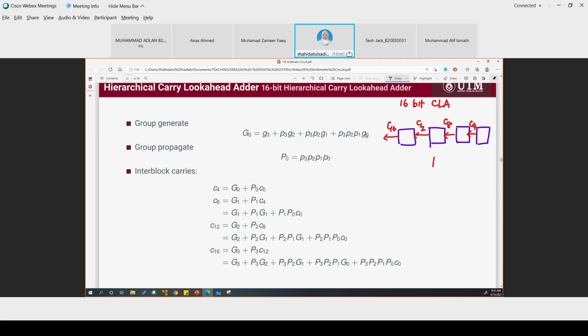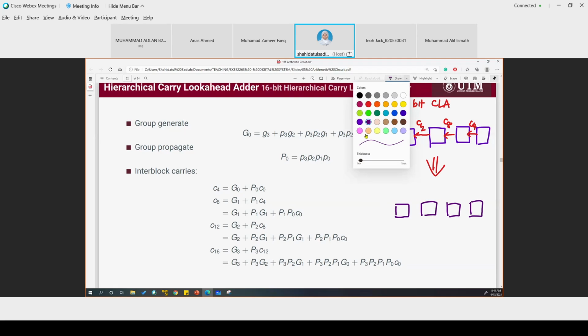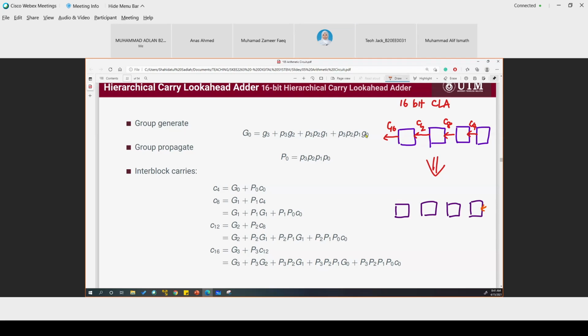Okay. So instead of waiting, you want to calculate. Just like the idea when we do the carry look ahead adder. C0 here, we already know. But C4 here, we want to calculate. We have a circuit.